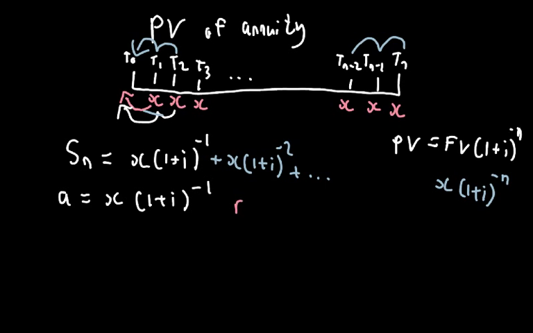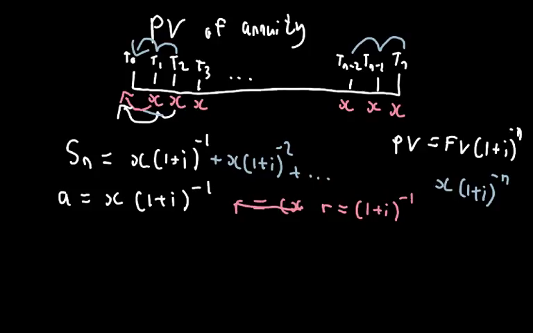Then we need to look at the r value. Now, it may not seem obvious, well, it will seem fairly obvious in terms of the minus 1, minus 2, but what do I need to multiply term 1 by to get term 2? And if you think about it, and you can even do the test by taking term 2 divided by term 1, it's going to be r must be equal to 1 plus i to the minus 1.